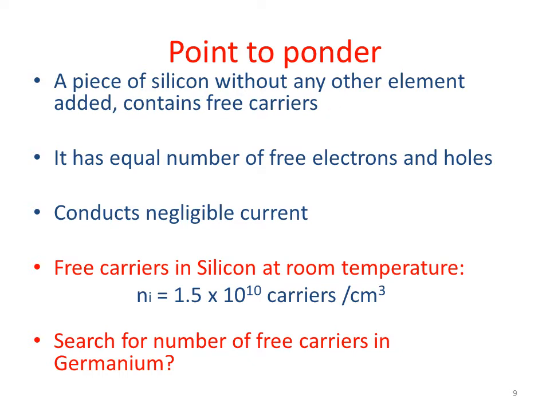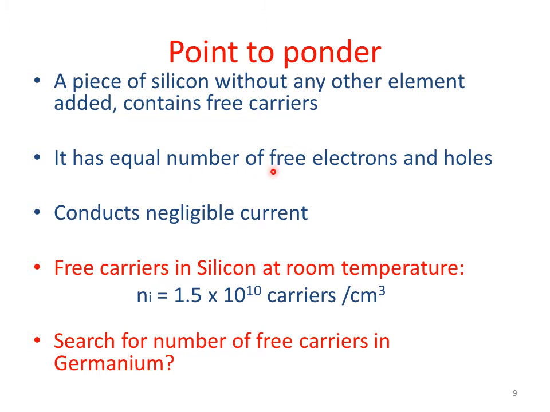That is, in the semiconductor material we haven't done any kind of doping, but still we read that the electrons keep on going from the valence band to the conduction band, staying there and coming back. This shows that the electrons are getting free and going to the conduction band without any doping, without any other element added. So I can say that at room temperature a piece of pure silicon will contain free carriers, and it contains an equal number of free carriers.